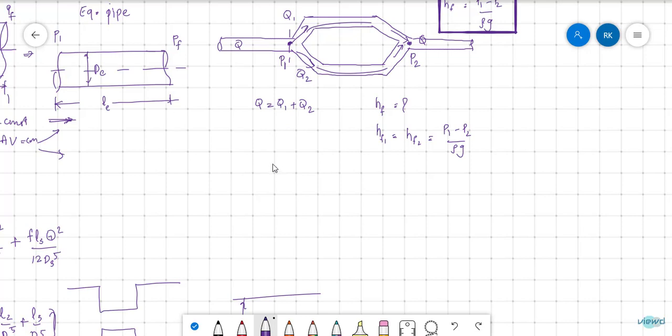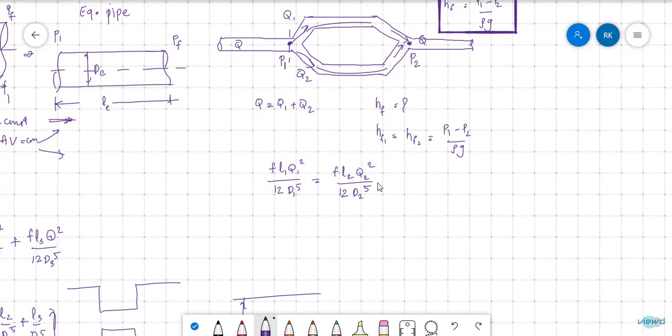So HF is equal to f L1, I'm writing in terms of Q, f L1 Q1 square divided by 12 D1 power 5, which is equal to f L2 Q2 square divided by 12 D2 power 5.